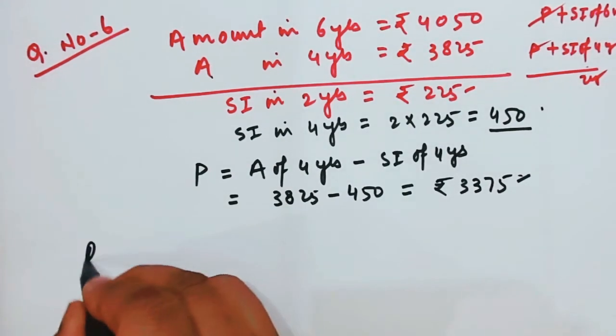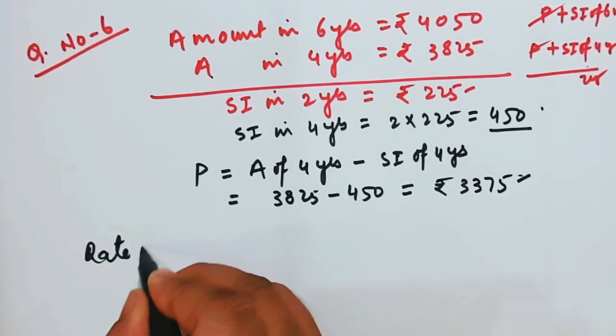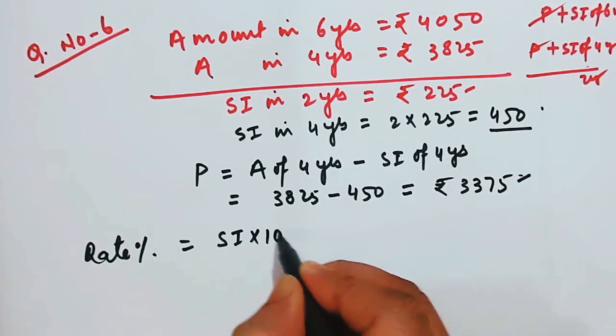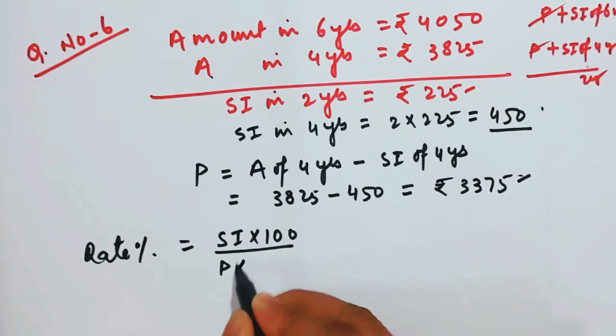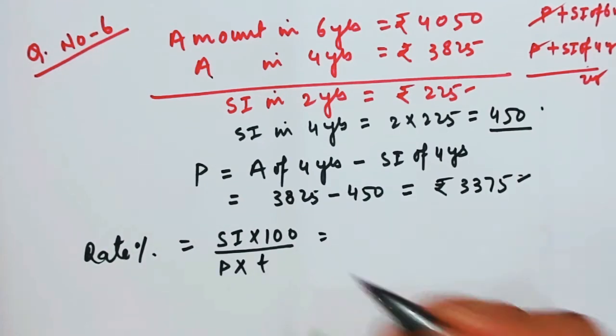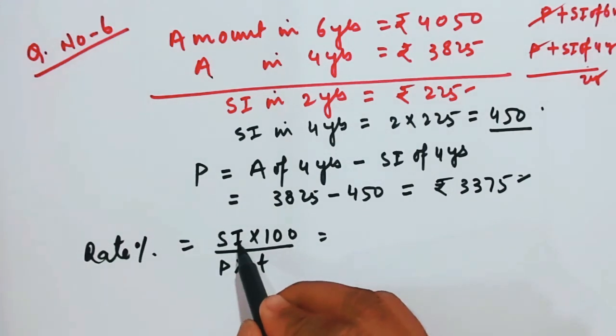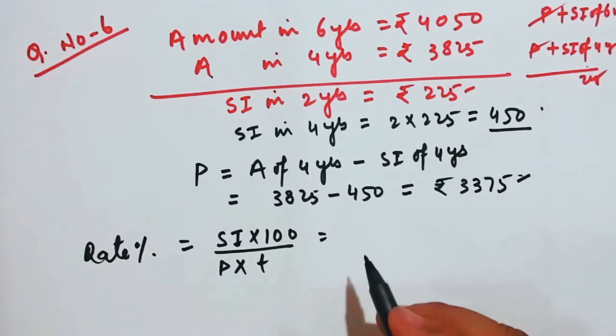What are they asking you now? They are asking you to find the rate percent. The rate percent is equal to simple interest into 100 by P into T. So I have everything with me. You are taking the simple interest of 4 years, isn't it?